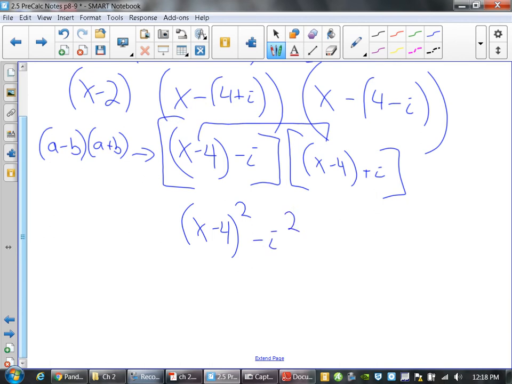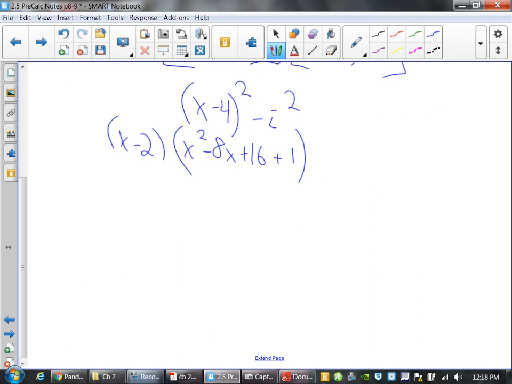FOIL that out a little bit further. You had x squared minus 8x plus 16 plus 1. It's just foiling. So you have the term x minus 2, and then you've got to distribute that to the x squared minus 8x plus 17.